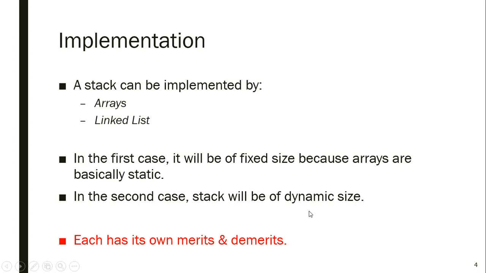We have to mention that this dynamic stack can grow up to, for example, 500 values. So we have to mention the maximum size of the stack. You all know the merits and demerits of implementing something by arrays and linked lists, so we are not going to discuss these as we have discussed them earlier.